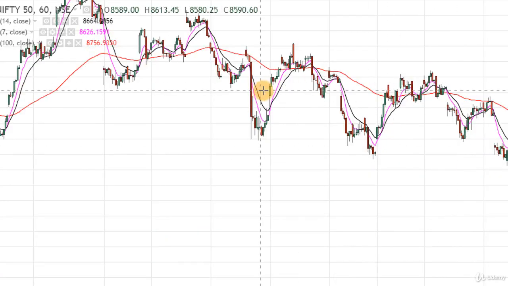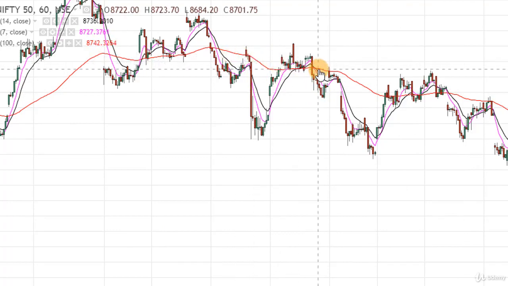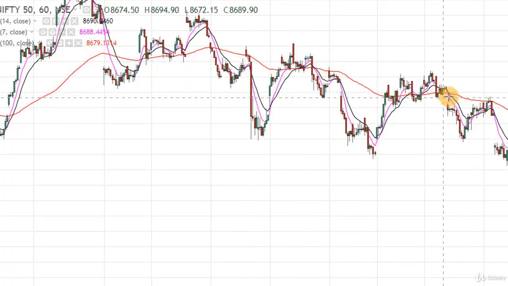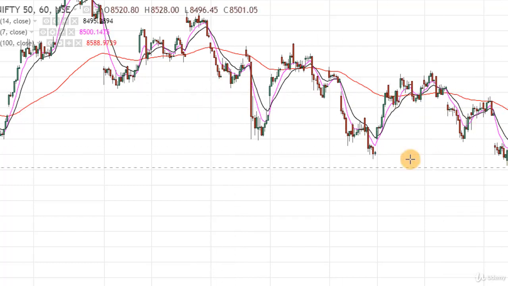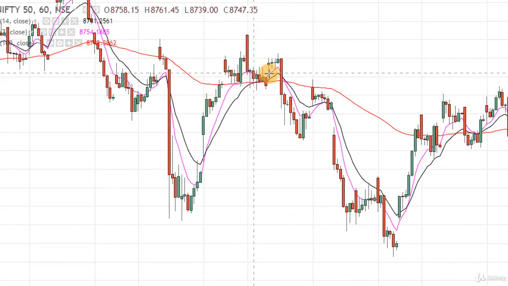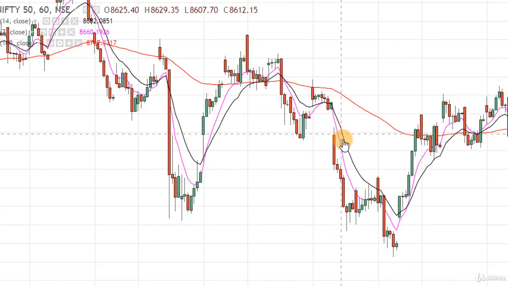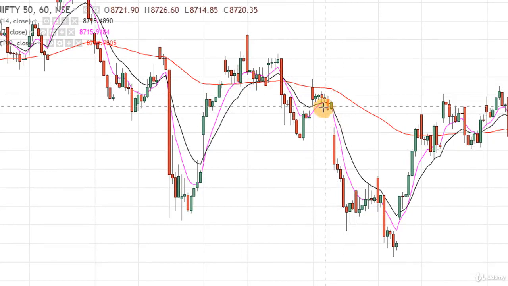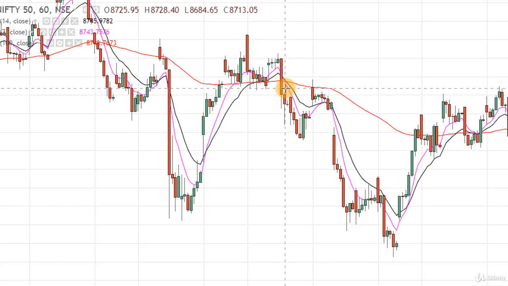In downtrend, now this red line, this 100 period moving average is acting as a resistance line for the prices. So this is a bearish phase for the prices, and prices are in downtrend. Now when prices touch this resistance line and go back to the bearish phase in downtrend, we are getting a bearish crossover here. This pink line is below this black line.